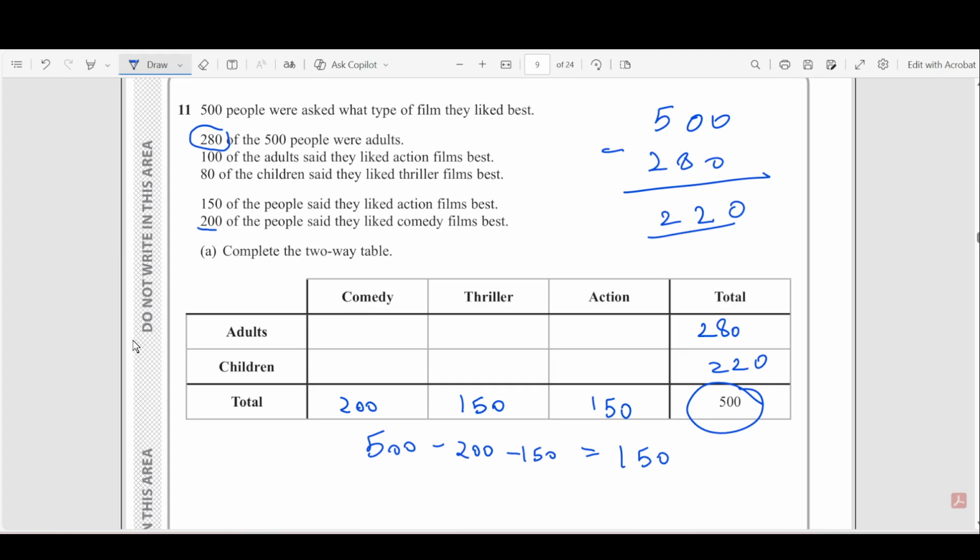Now if you notice, it says 80 of the children said they like thriller films. So I can put here children and thriller, 80.